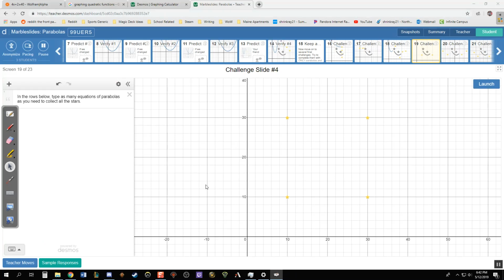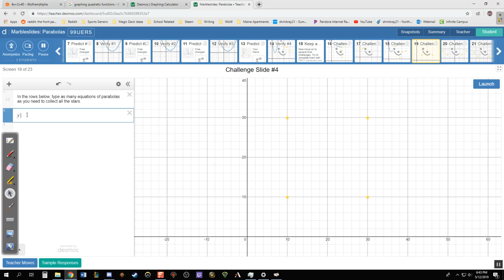So we have this problem here for our marble slides. If we click launch, our marbles fall right there, and we automatically get the stars on the left. We need to intersect the axis somewhere around, let's say, 18 and 22.